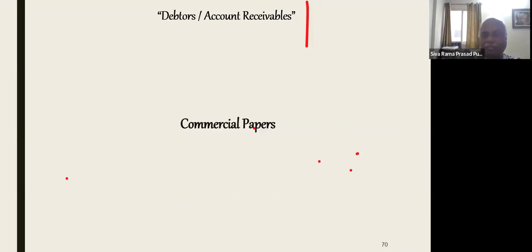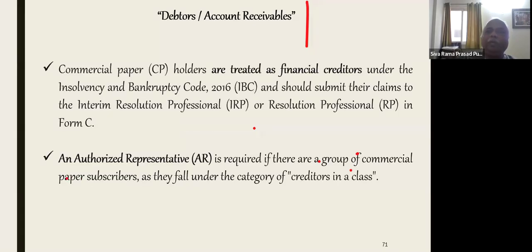Now tell me, commercial paper holders are treated as financial creditors under the Insolvency and Bankruptcy Code and should submit their claims to the IRP or resolution professional in Form C. Particularly if the commercial paper holders are more than 10, an authorized representative, AR, is also required.